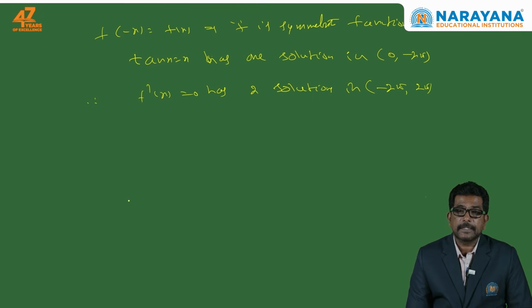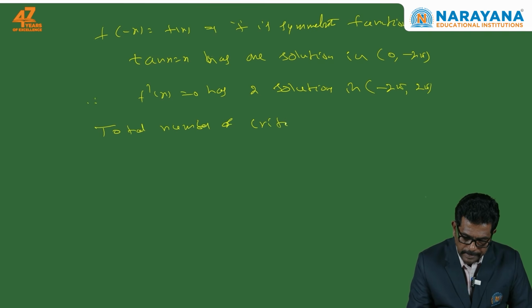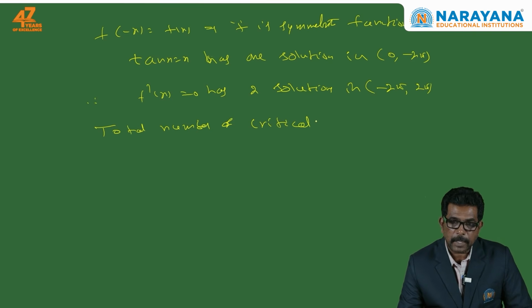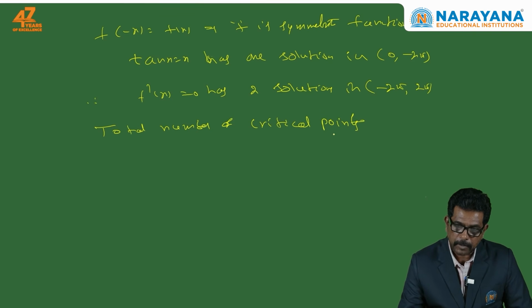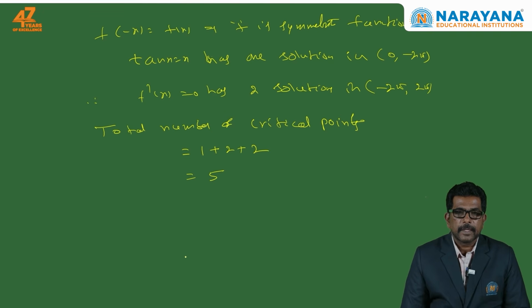Hence, the total number of critical points is equal to: first 0 is 1, plus pi and minus pi are the critical points, 2. Here f dash of x is equal to 0 has 2. Total 5 critical points of the function.